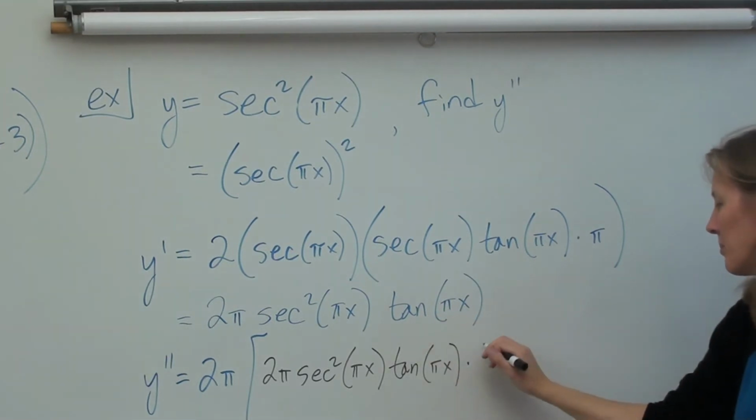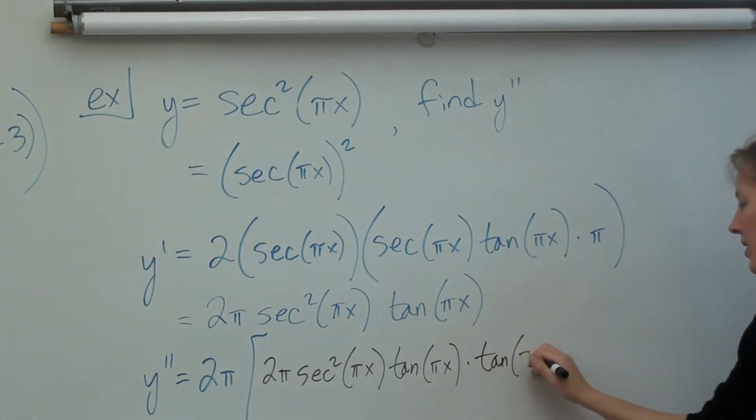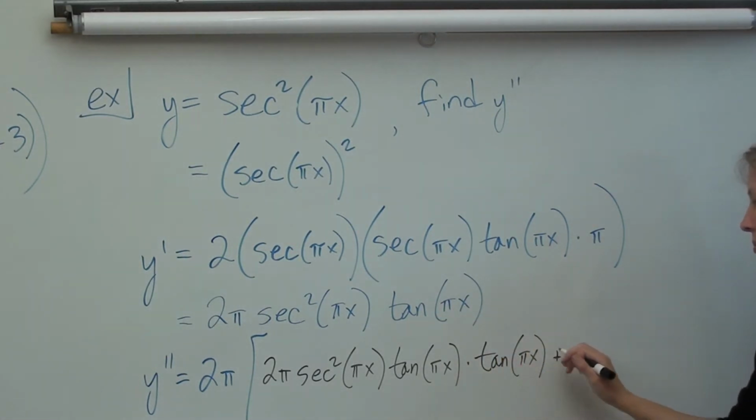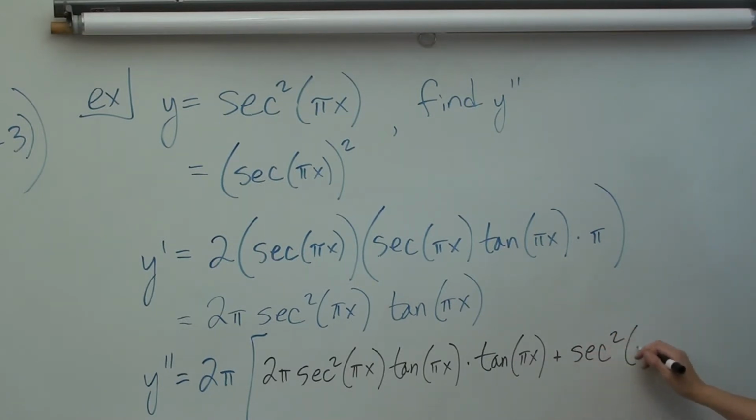Times tan pi x plus secant squared pi x times the derivative of tangent, which is secant squared pi x times pi. No, yeah, I messed up. That's why I was so wrong.